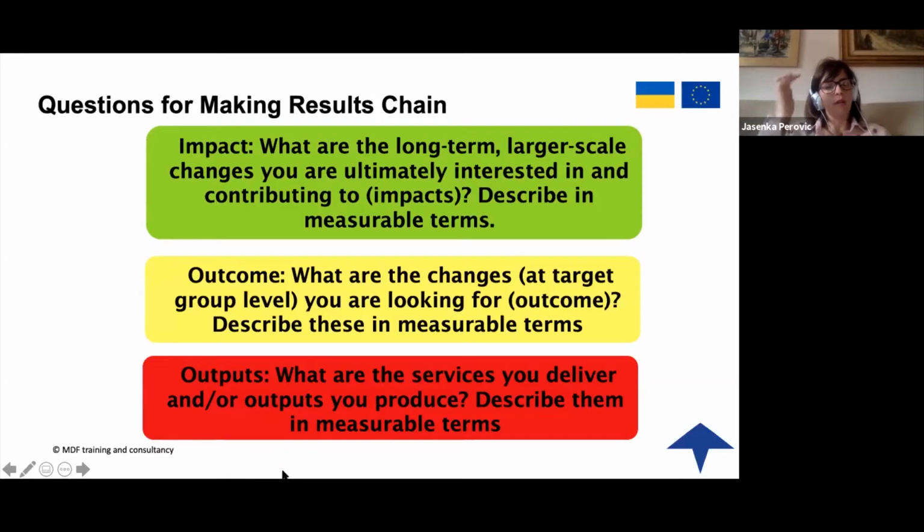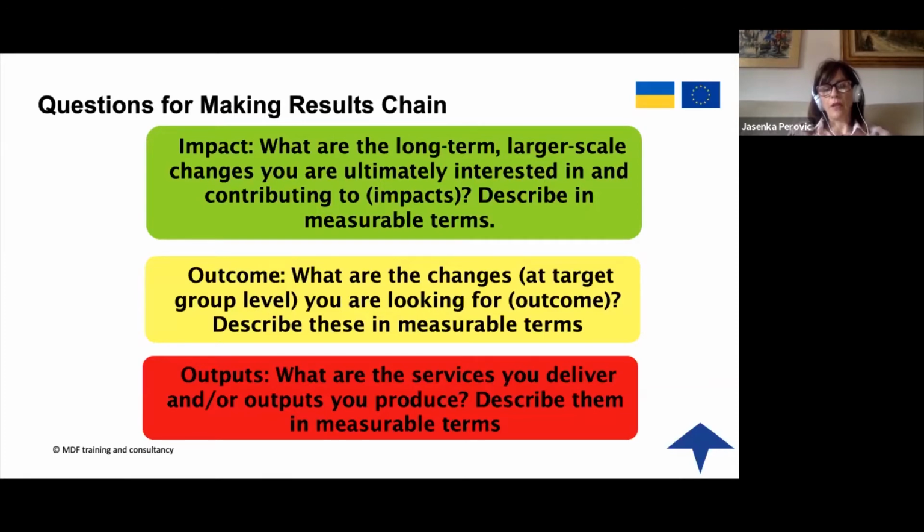When you are defining outputs, some of the questions you can ask yourself are: what are the services you are delivering or producing? They should be described in measurable terms. At the level of the outcome, you ask yourself: what is the change, or what are the changes at the target group level you are looking for?